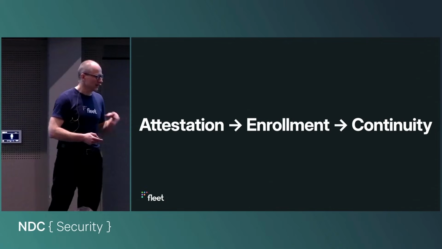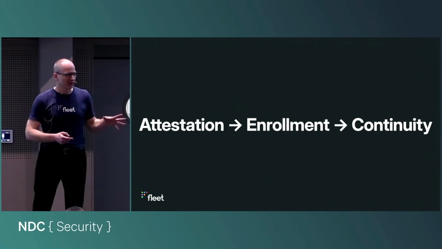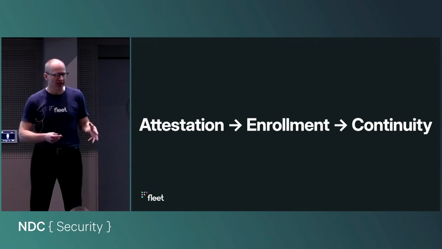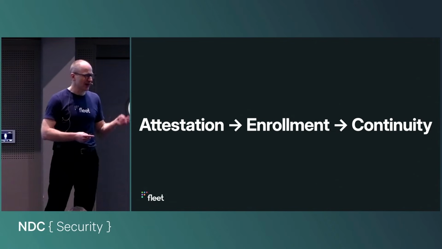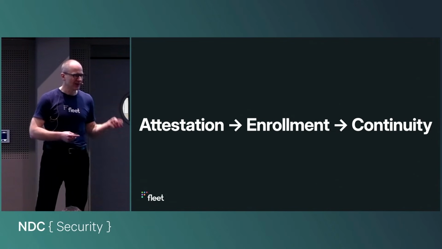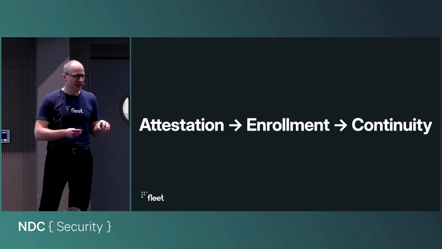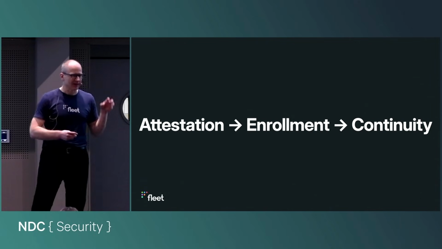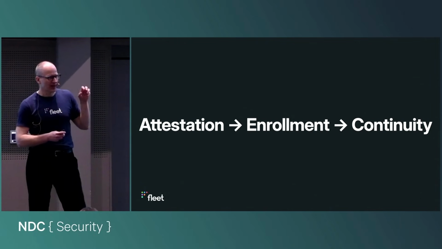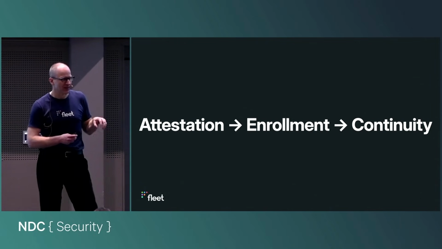So let's talk about integration patterns without turning this into a full deployment deep dive. The first pattern is device enrollment. During enrollment, the device generates an application identity inside the TPM. That key becomes its long-term anchor. Before you trust it, the device can also attest, proving that the TPM is genuine and that the platform is in an acceptable state.